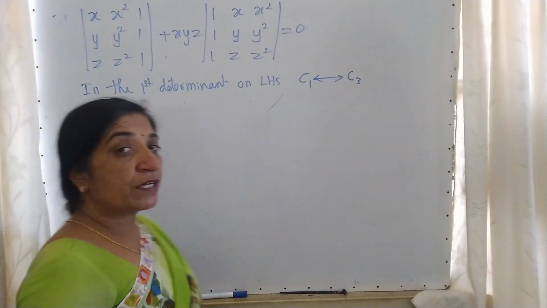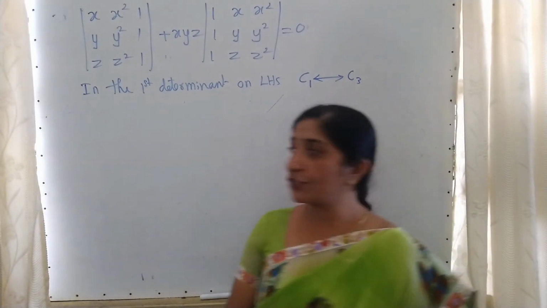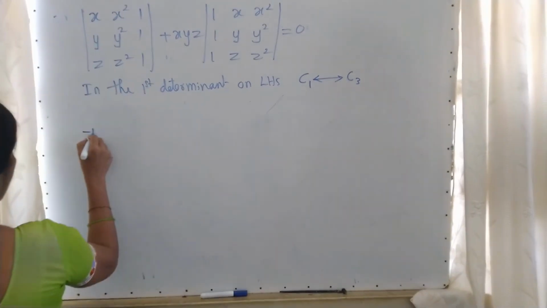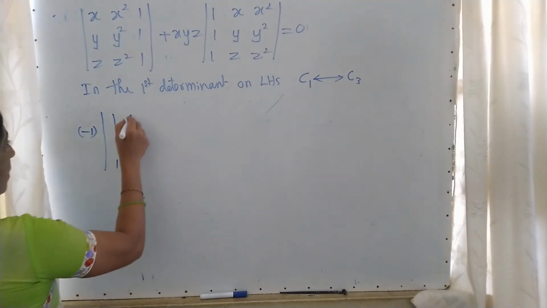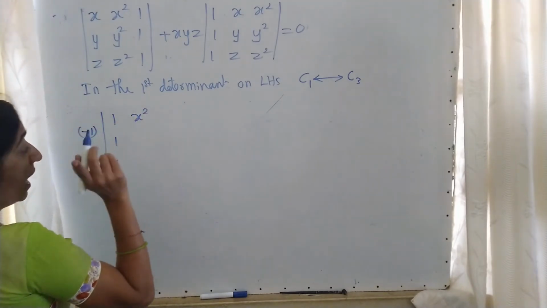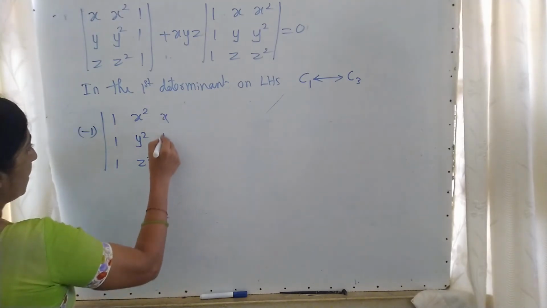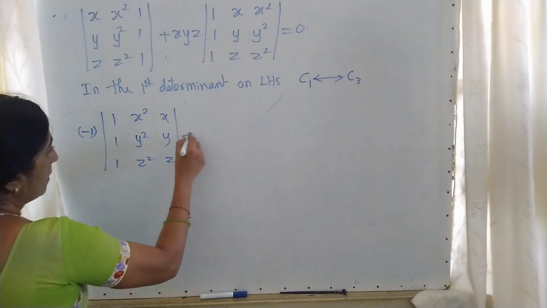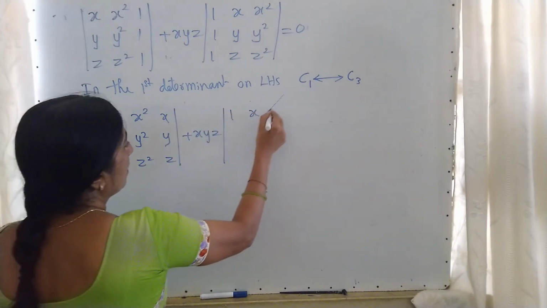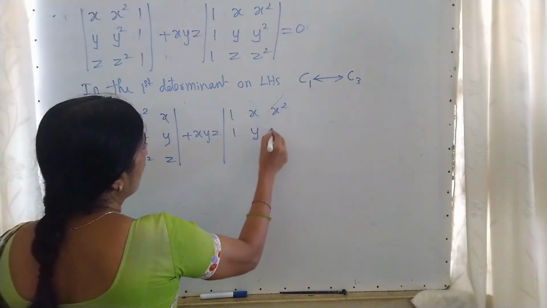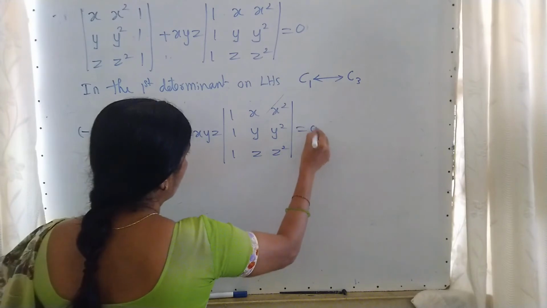In a determinant, if you interchange any two rows or columns, the sign will change. So outside I am writing minus 1. I am interchanging first and third, second as it is. And the next part I kept as it is, equal to 0.